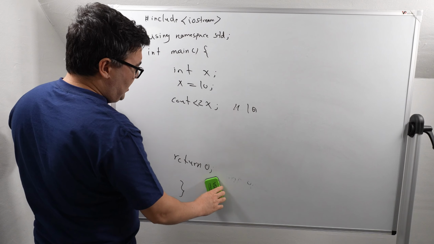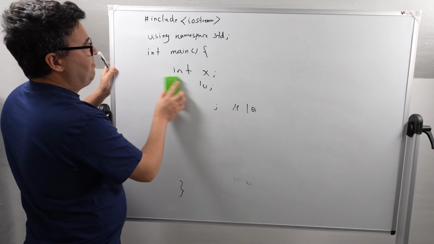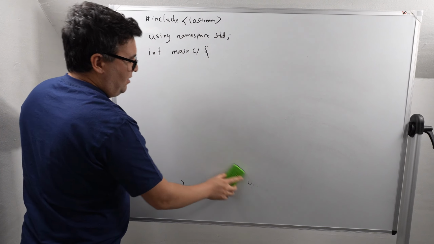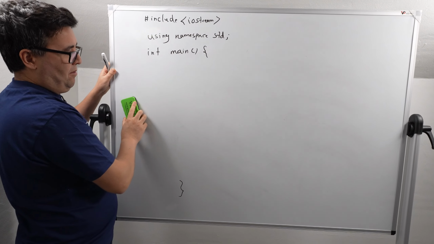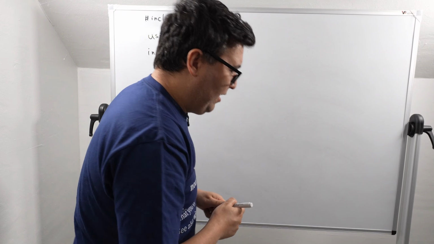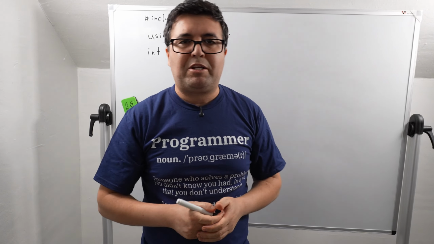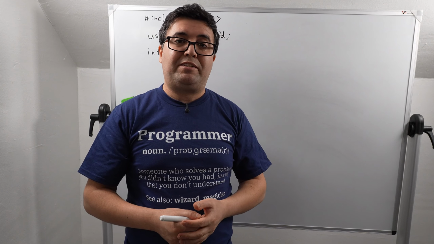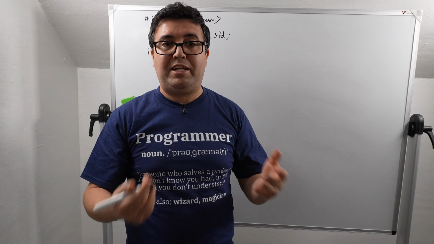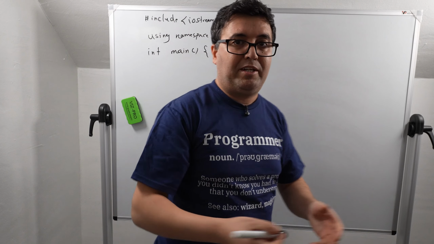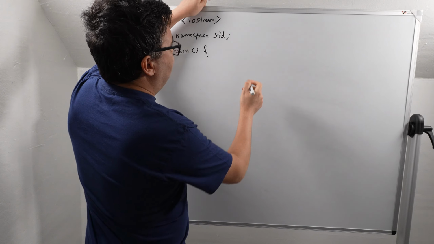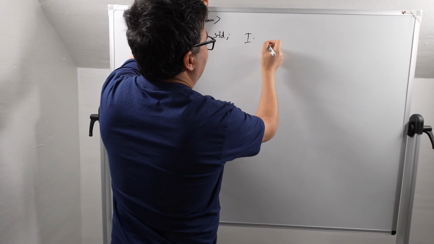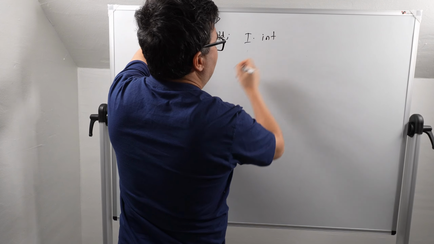In C++ we have different kinds of data types. Because we have different kinds of data or information, we have different types of data types or variable types. One is integer, or int.